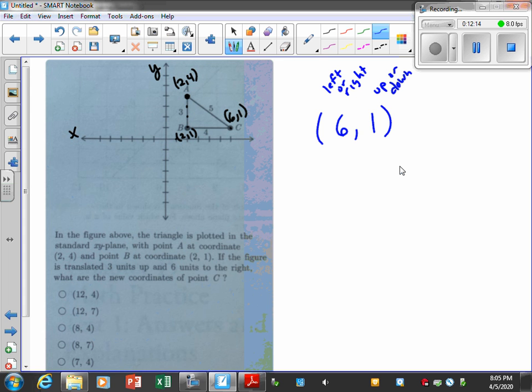Okay, so to go up, you add, so we want to go up 3, so plus 3 over here, and we're going to go to the right, so that's plus. If you go to the left, it would be minus, so we're going to go right, so plus 6 units, then that puts us at the ordered pair 12, 4.